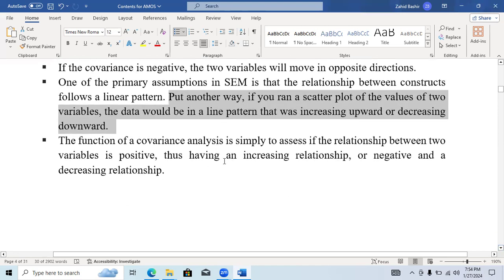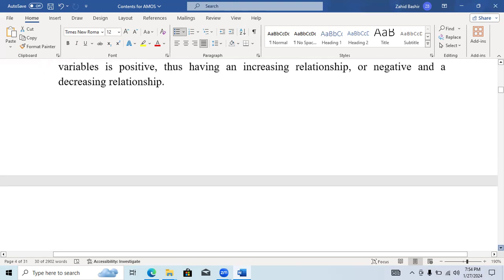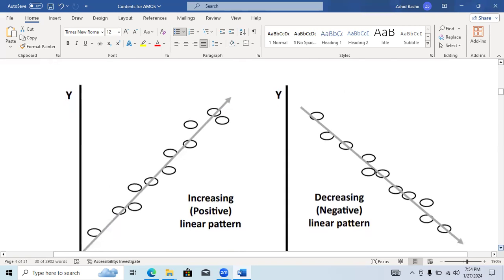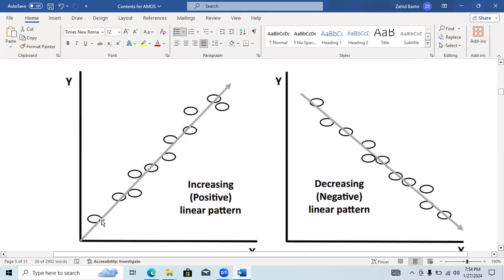So the function of covariance is simply to assess if the relationship between two variables is positive, thus having an increasing relationship, or a negative, decreasing relationship. You can see this graph, as I have previously mentioned, that if the relationship is positive or increasing, it will indicate this linear pattern.